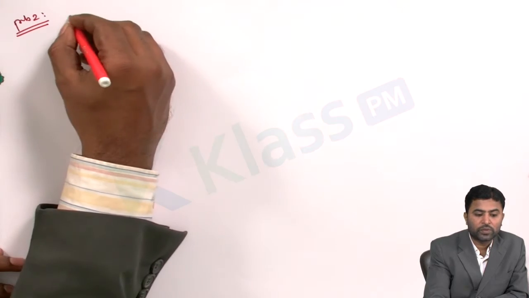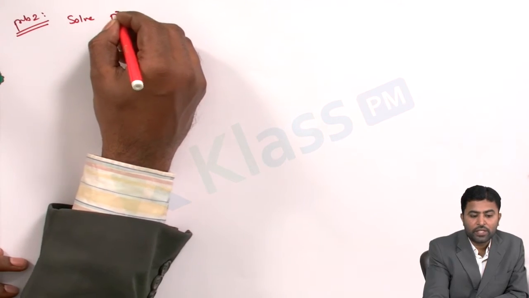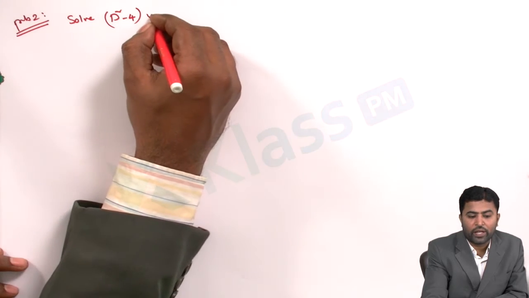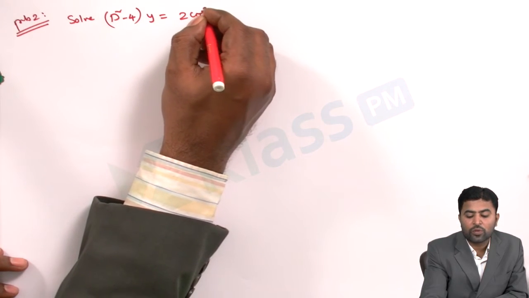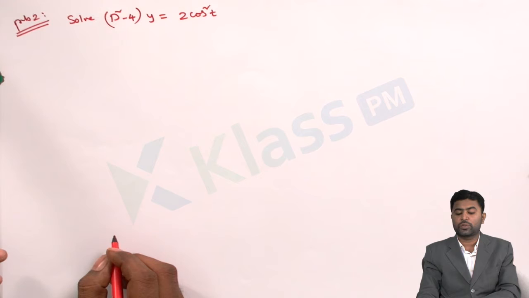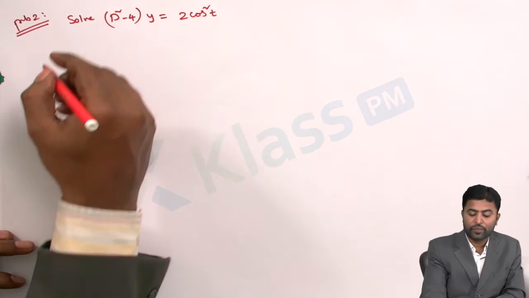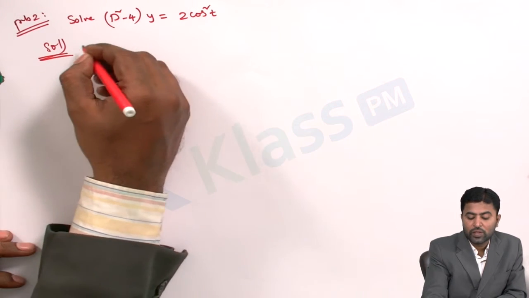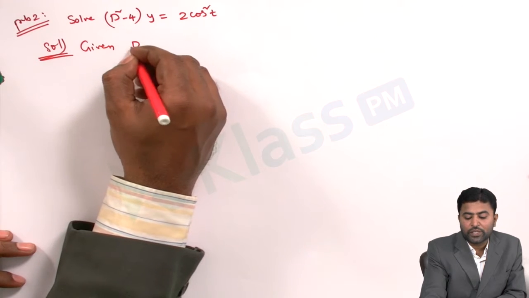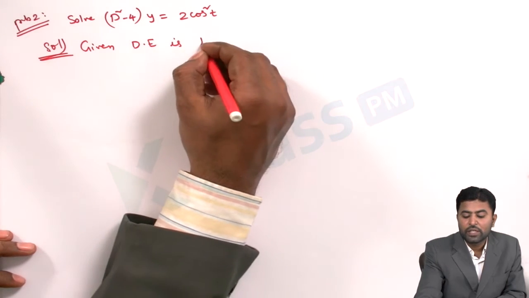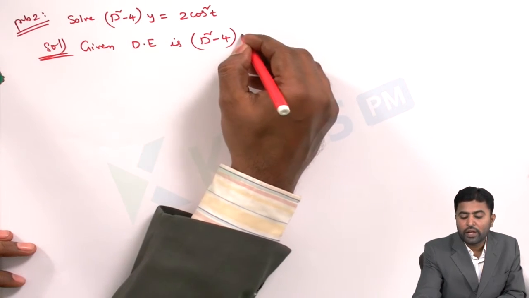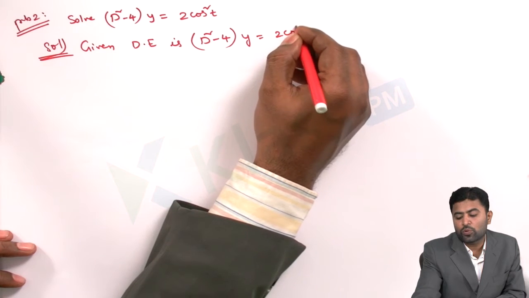Problem 2. Solve d square minus 4 into y is equal to 2 cos square t. Given differential equation is d square minus 4 into y is equal to 2 cos square t.